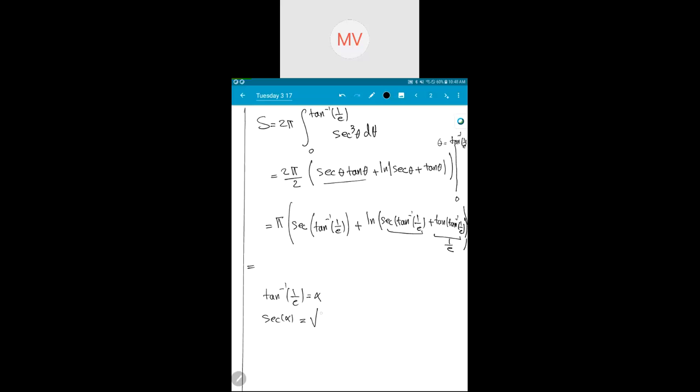But secant of alpha is square root of 1 plus tan square of alpha, the identity. But we know what tan of alpha is because based on this, tan of alpha is 1 over e. So this is 1 plus 1 over e squared. That's it.